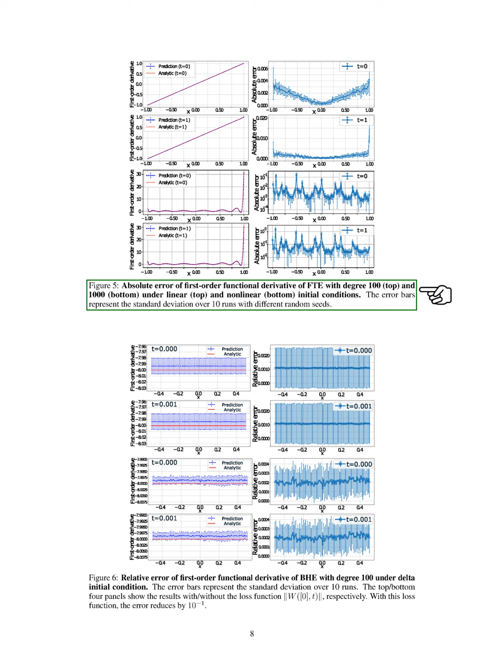The initial values for certain variables are all set to 1, with one variable set to 8 and another to 10. In our results, we present the absolute error of the first-order functional derivative of the FTE under different conditions, showing the standard deviation over 10 runs. We also display the relative error for the BHE, highlighting the impact of including a specific loss function, which reduces the error significantly.